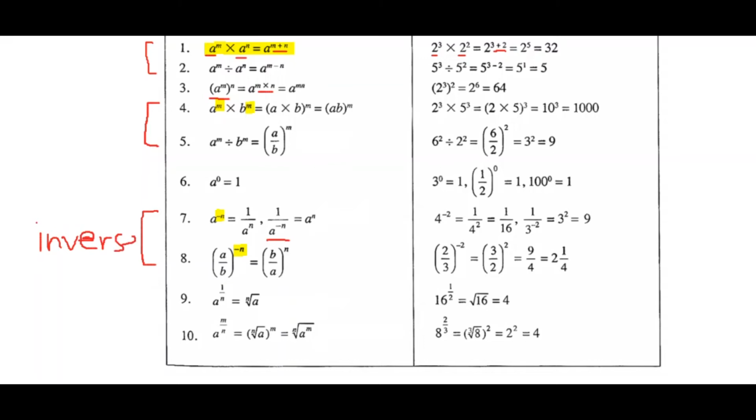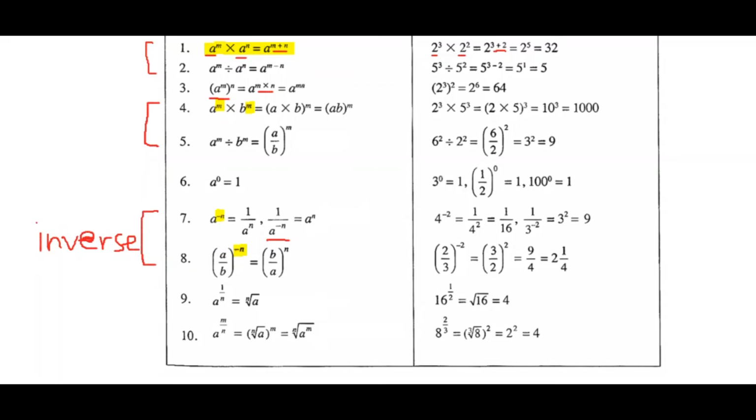In this case, the original number is a over b. If I take 1 over a over b, it's actually b over a. I'm just flipping around the fraction. I repeat, a over b to the power of minus n is actually the inverse of a over b.